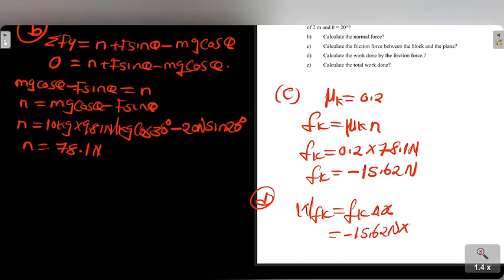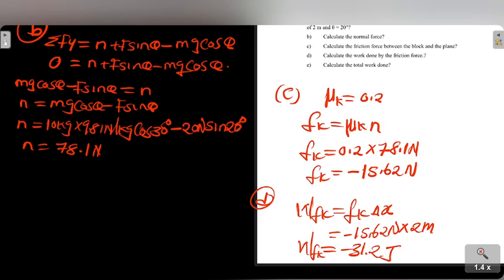That's the distance over which the block is moved. So the work done by the friction force here will give us negative 31.2 joules. So that one becomes the work done by the friction force.